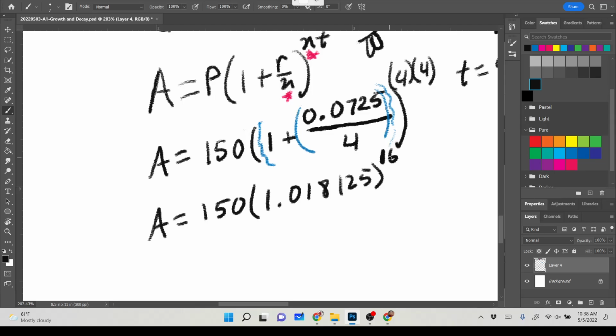Raise it to the 16. Yeah, that. So I would leave what you got in the calculator and then just raise that to the 16. Don't round until the end if at all possible. Oh, I did 46.